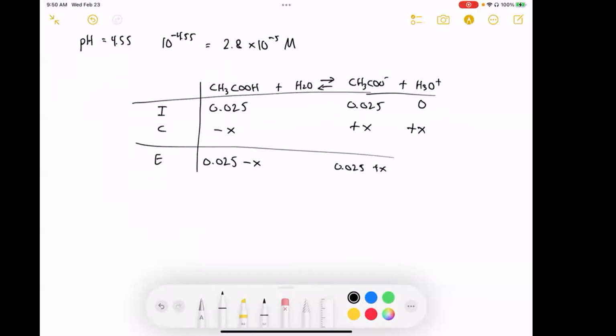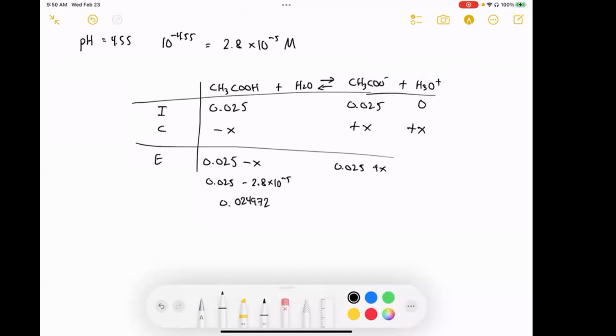So if we solve for that, 0.025 minus 2.8 times 10 to the negative fifth, we get 0.024972.